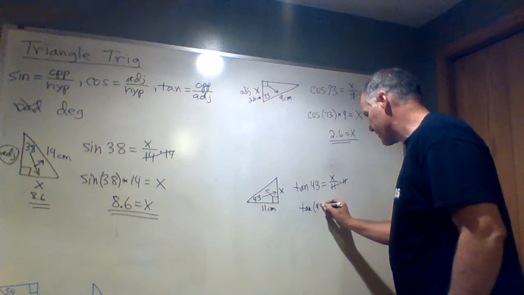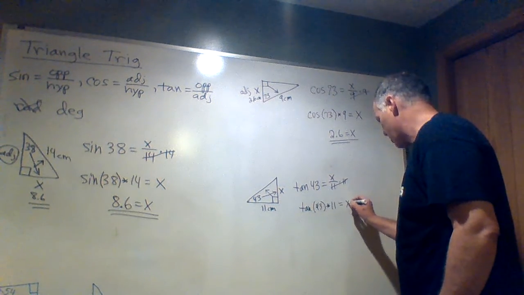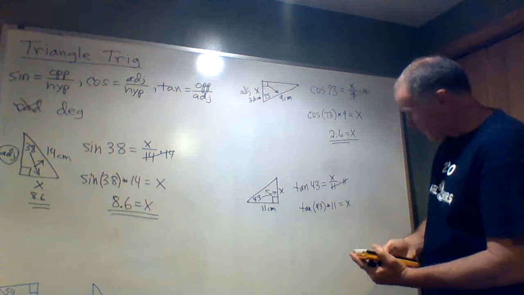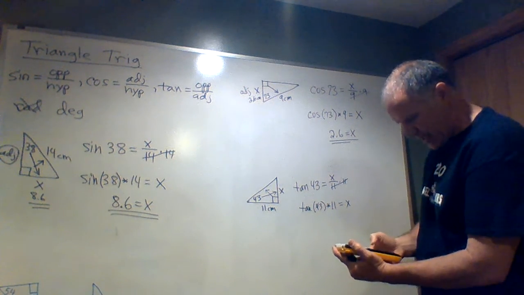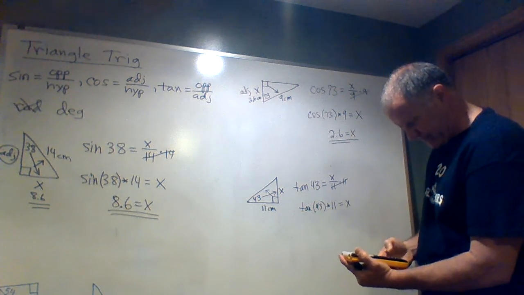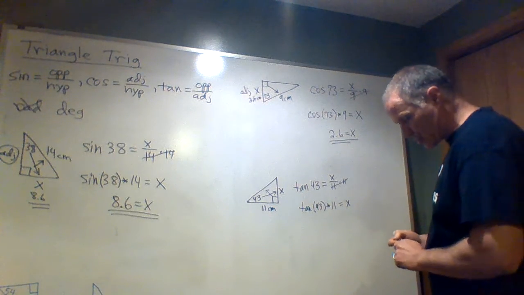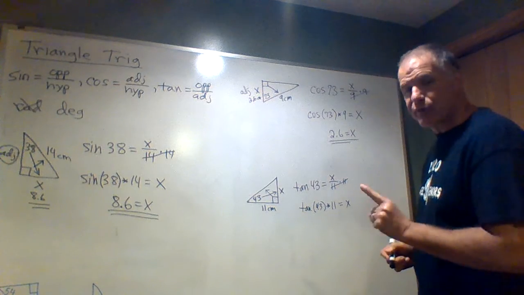So tangent of 43 times 11. Okay, so again, let's grab our calculator. Tangent 43. Again, close the parenthesis. Times 11. Boom. Now this one has to be rounded. 10.25.